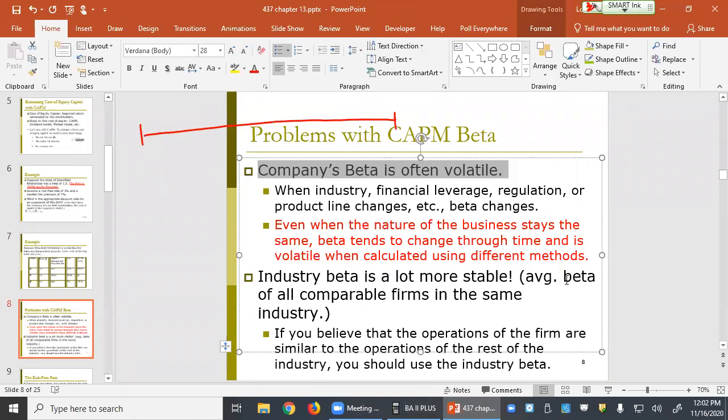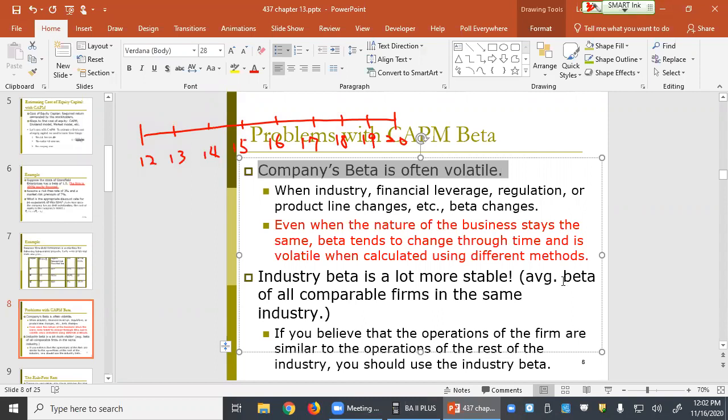So typically, the most well accepted approach is that we'll use historical monthly return information to calculate CAPM beta. Let's say the most recent year is 2020, then last year 2019, 2018, 2017, 2016, 15, 14, 13, and 2012.